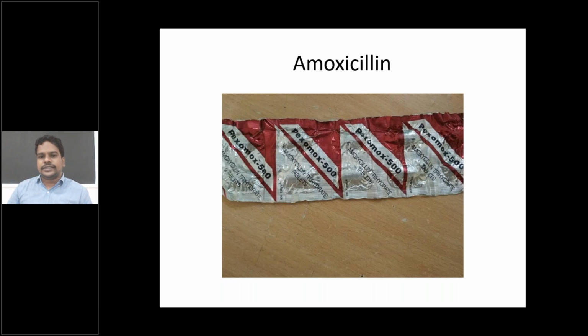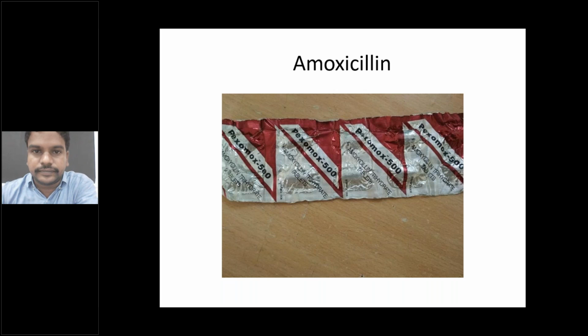These two are the important therapeutic uses of amoxicillin: upper respiratory tract infections and rheumatic heart disease.